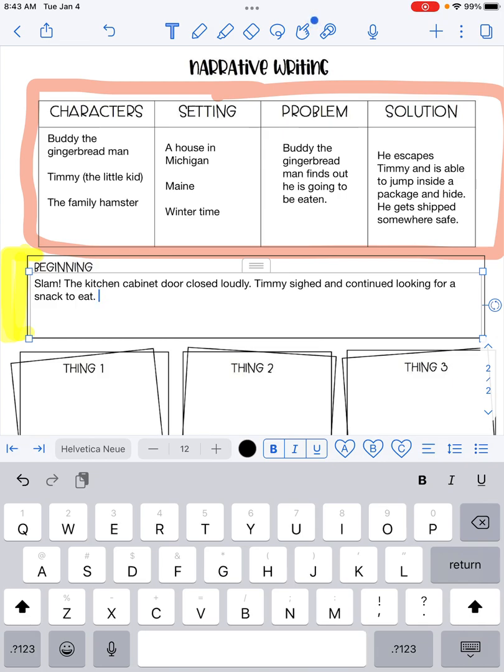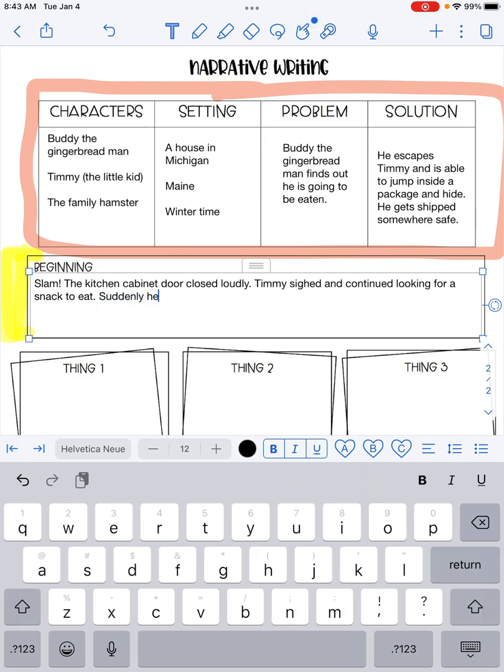All right, here I can include my main character. Suddenly, he spotted... should I put them on a tray or a tin? Well, if they're on a tray, they'd be sitting out. He'd probably see it before now, so maybe they're in a tin, pushed in the corner of the kitchen.